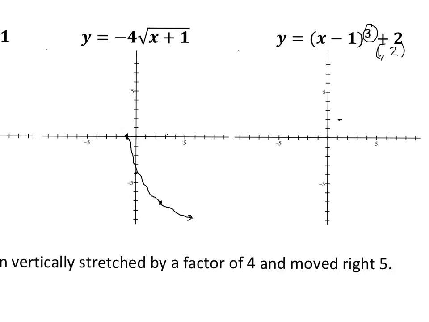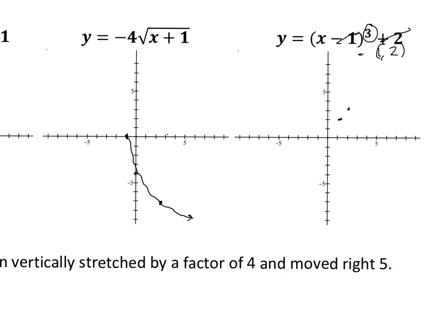Now I go right 1 and then I go up. Again, these two are gone now. We don't need them. I go up 1 cubed, which is still 1. I go right 2, I go up 2 cubed, which is 8. Good. So that's right up in here somewhere.